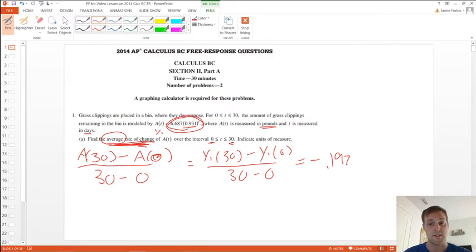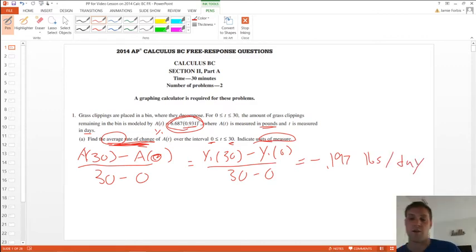Makes sense that it's negative because it's exponential decay. So the rate means it's decreasing. The pounds are decreasing over the time. And the units of measurement here are going to be pounds per day. So it's negative 1.97 pounds per day is the average rate of change between 0 and 30. Okay, all right.